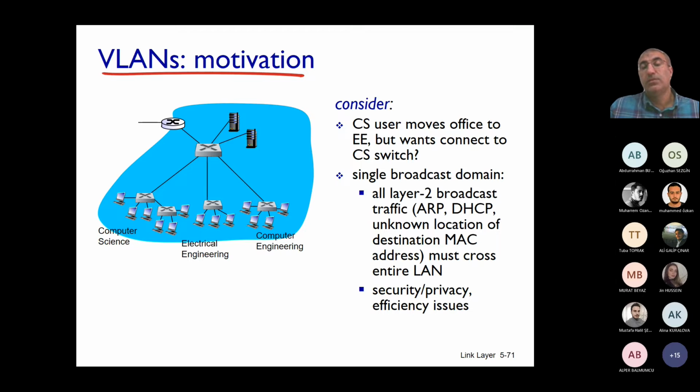In such a case, you cannot physically move the whole switch to another building, so we need to come up with some virtual solution. Another issue is the single broadcast domain: all layer 2 broadcast traffic, including ARP and DHCP, must cross the entire LAN. And another is security, privacy, and efficiency issues. So that's why people came up with VLANs.